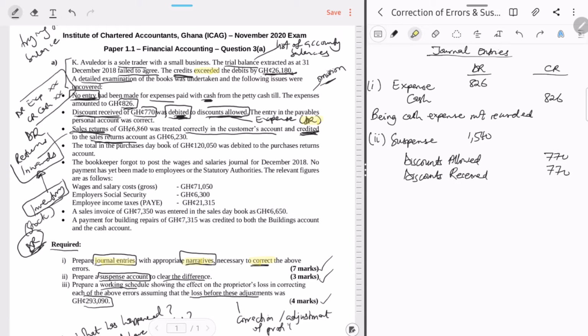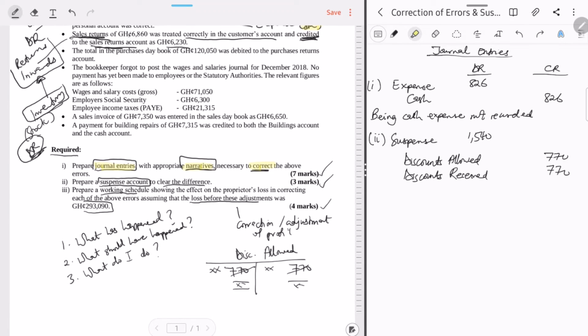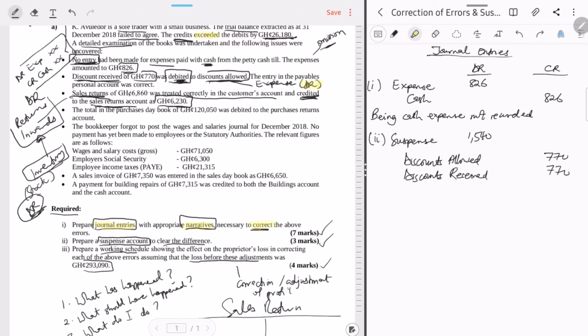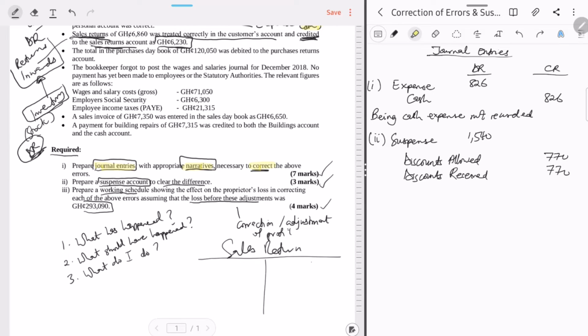As 6230. So what this means is that if you go to the sales return account right now, they are seeing a credit figure of what? 6,230 is currently sitting there. So let's visualize it. You have 6230 here.